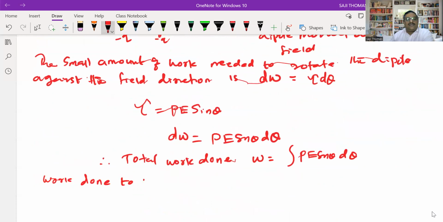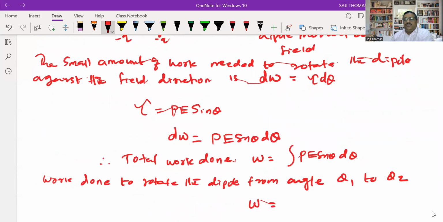So work done to rotate the dipole from angle theta 1 to theta 2. W equals, you have to put the limits, integral theta 1 to theta 2 P E sine theta d theta.